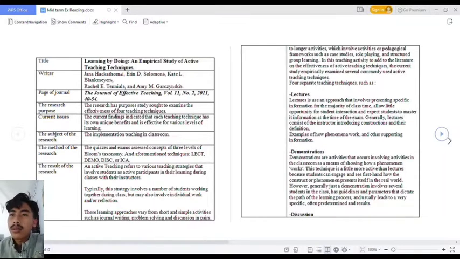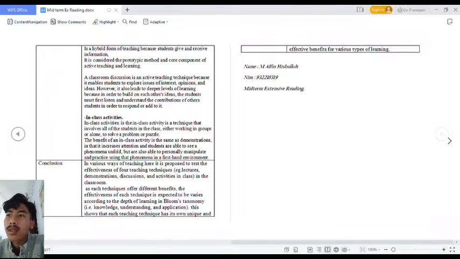The result of the research. Active teaching refers to various teaching strategies that involve students as active participants in their learning during classes with their instructors. Typically, this strategy involves a number of students working together during class, but also involves individual work and reflection.